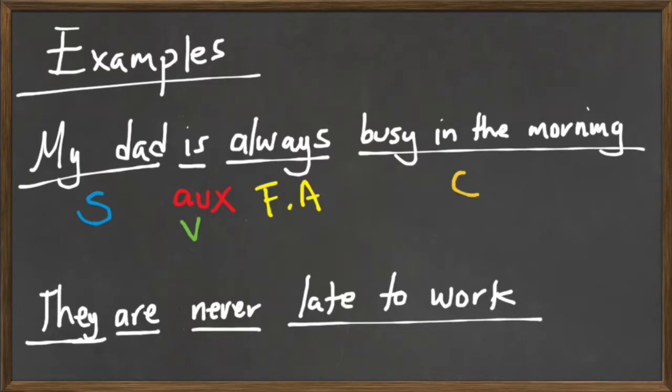In the second example, they are never late to work. Let's go backwards. We have the complement at the end, and our frequency adverb, never, right after our verb to be, and at the beginning, we have the subject.